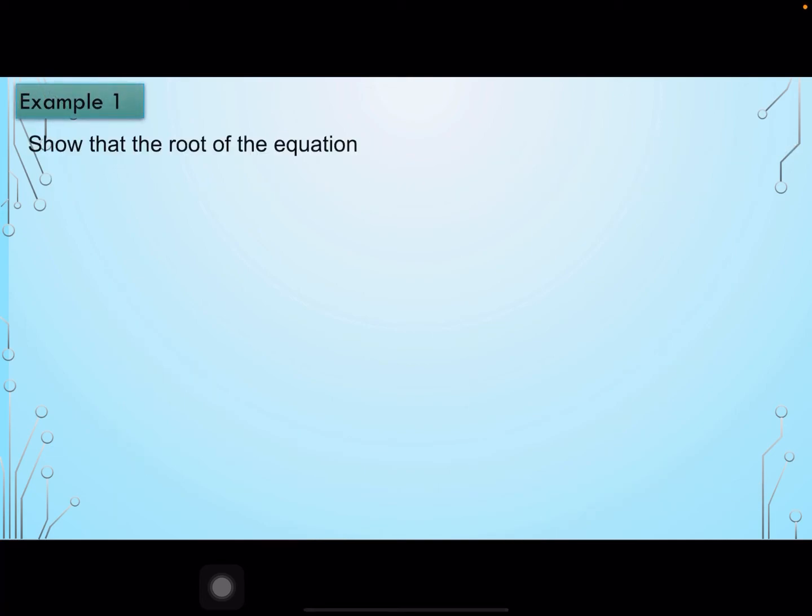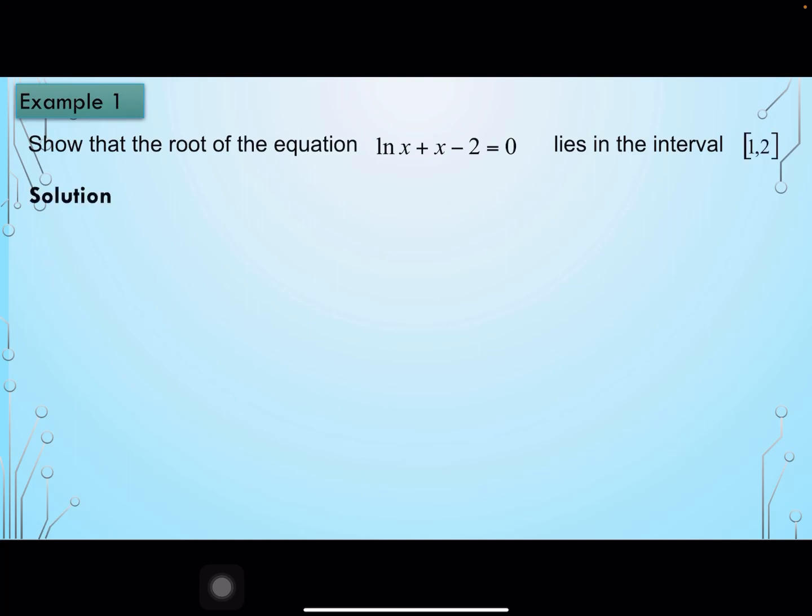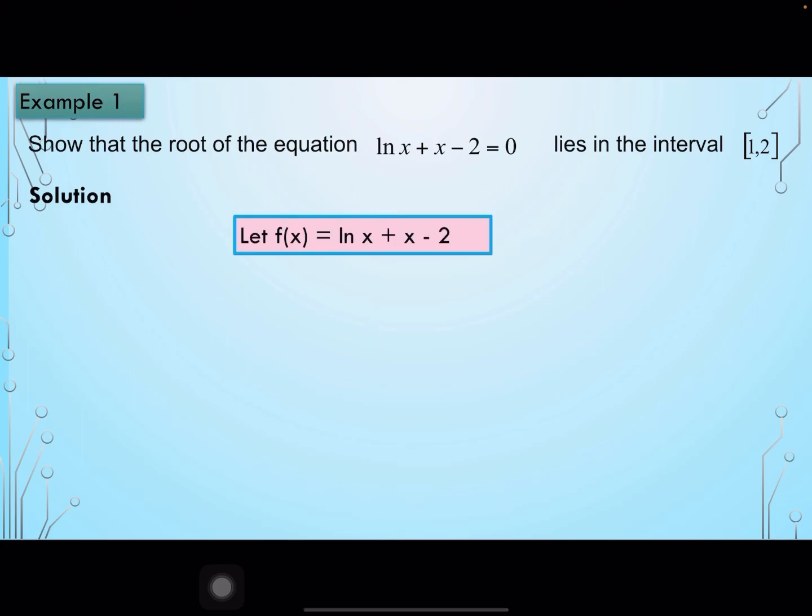Example 1. Show that the root of the equation ln x plus x minus 2 equals 0 lies in the interval 1, 2. Solution. If the equation already equals 0, then we can let f(x) as ln x plus x minus 2.